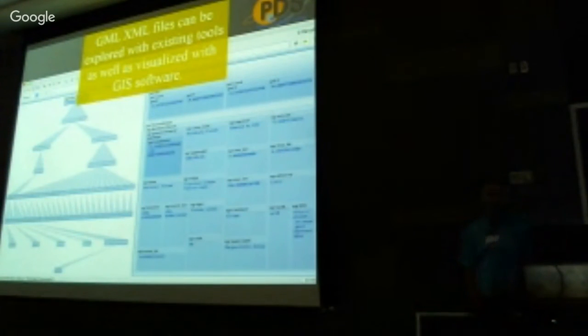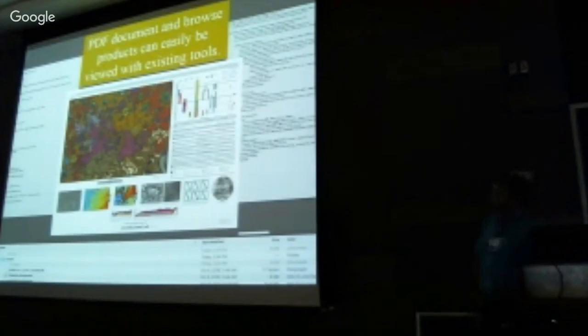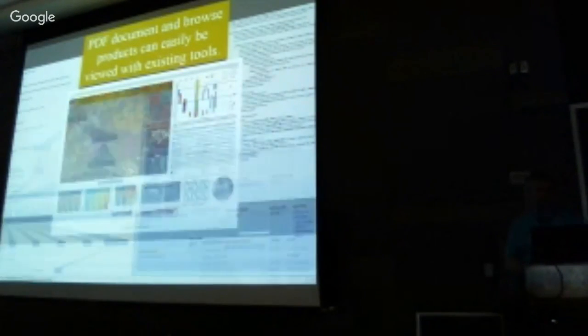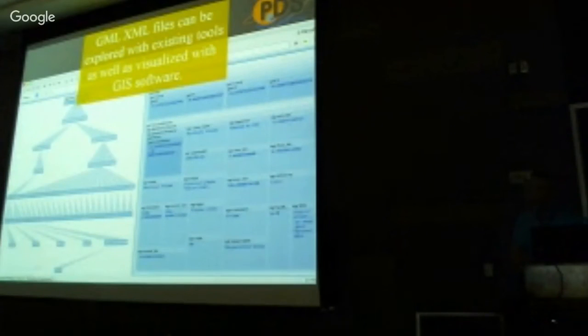So let's go into what GML is exactly. GML is a language that's based on XML, and in this slide I show a hierarchy of a GML product which has approved tags and attributes, and you can view these in a number of different pieces of software, whether it's looking at spatial information itself or looking at the structure of the GML file.